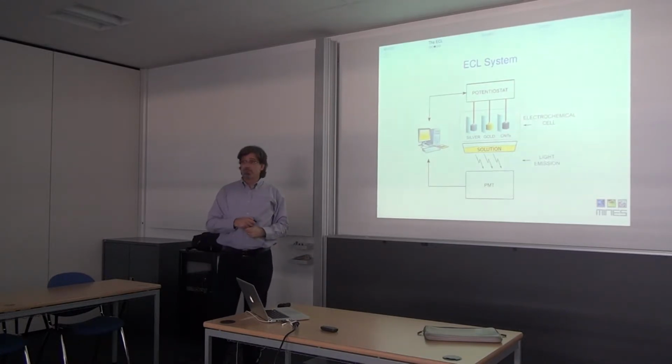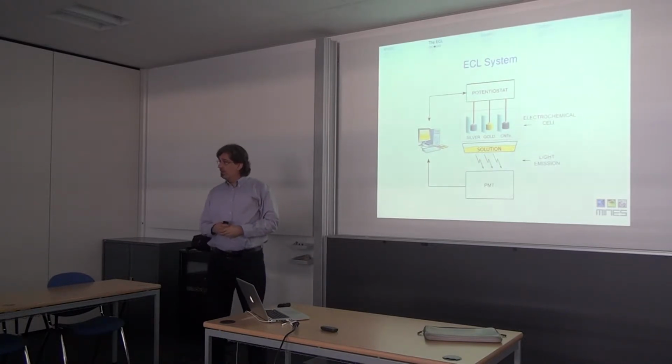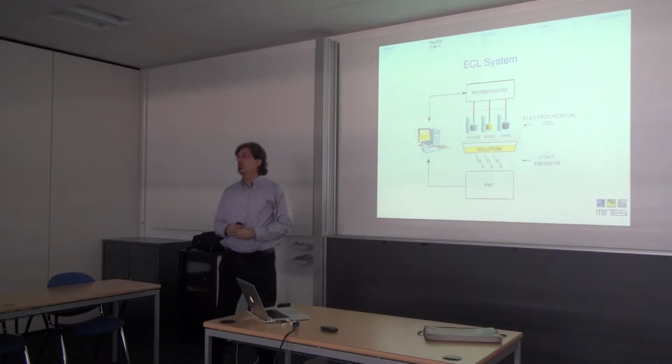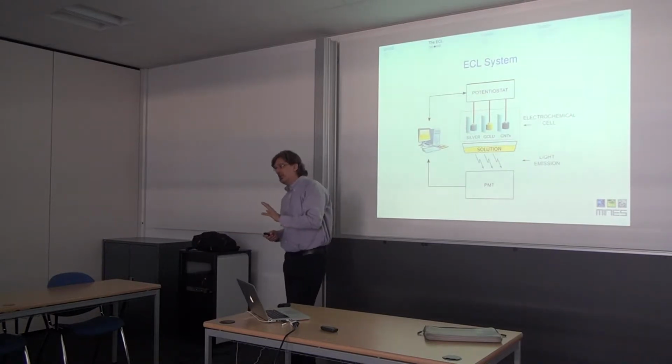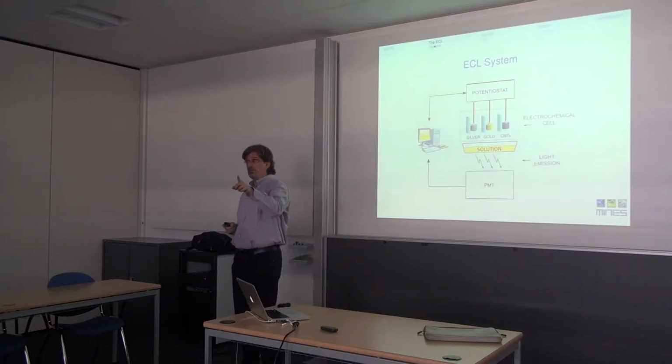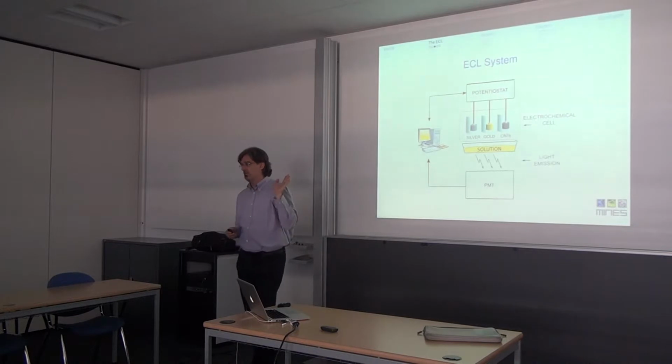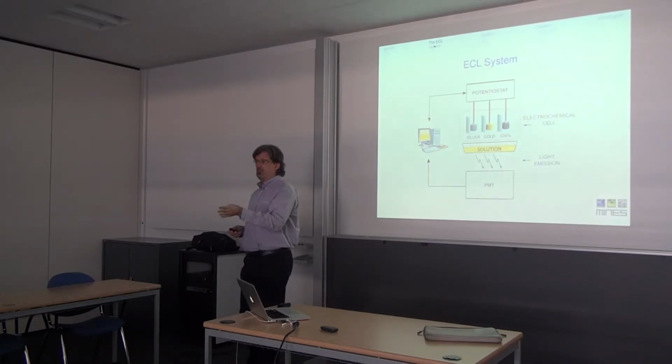Okay? Please. You detect only the intensity of the emitted light or also the wavelength? No, only the intensity. Your question is right because it's related to the previous question. Up to now, we are working only with this label, so we have only one wavelength.